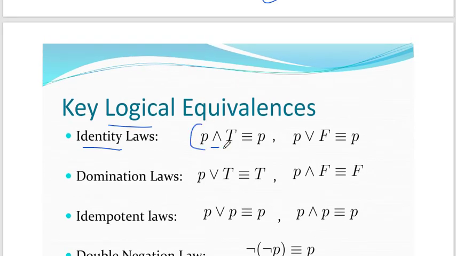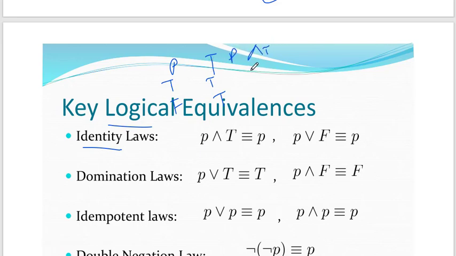If we want to find out whether this logical equivalence is true or false, then let's start with the truth table. Here P and true: one of them is true. If P is true, and the other is true, then it is true. So what is P and true?